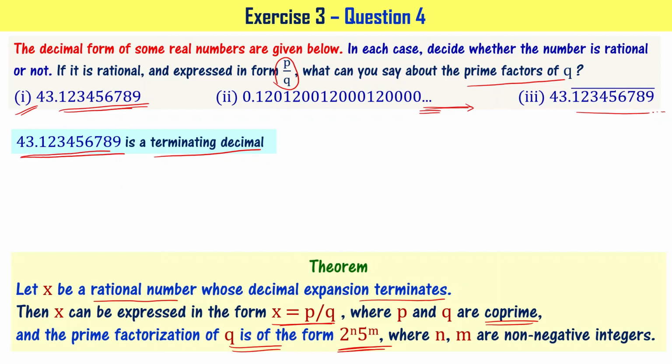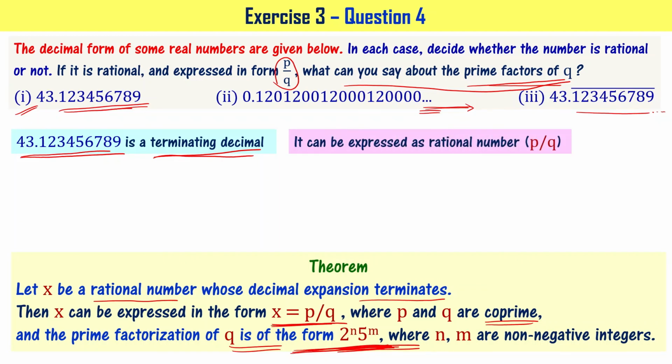It says, can you say something about prime factors of q? This particular theorem is saying that prime factorization of q is in the form of 2 power n 5 power m, right? This is what we have to say. Since it is a terminating decimal, we said that it can be expressed in the form of p by q, and the q, which is the denominator, is in the form of 2 power n 5 power m, right?